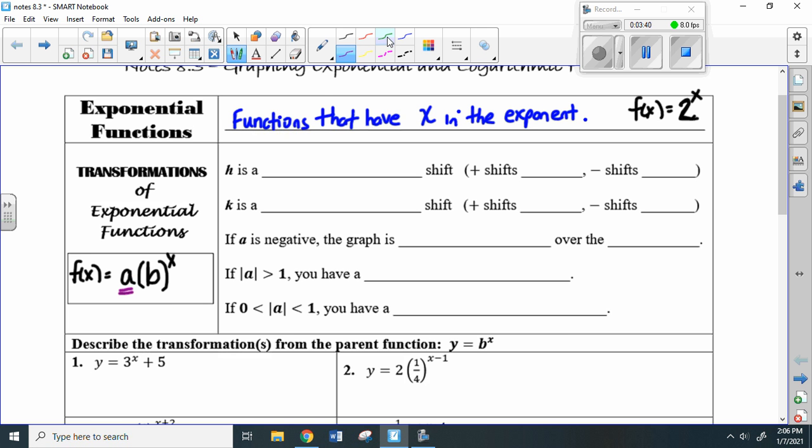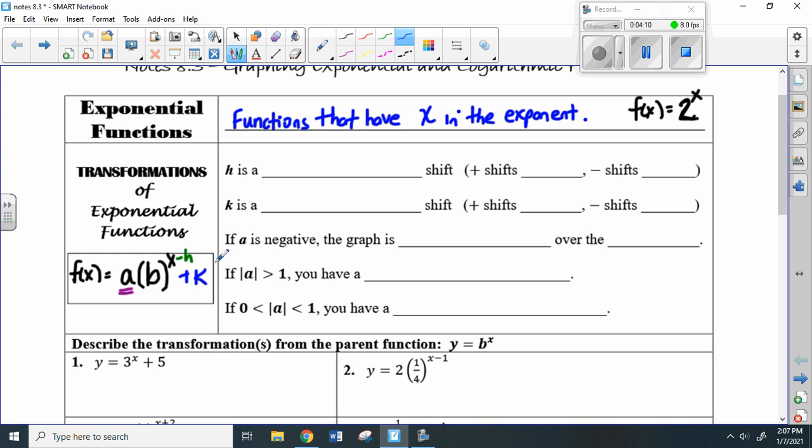If it has a number added or subtracted in the exponent, that is a transformation. And if it has a number added or subtracted after it, that is a transformation. I'm going to fill those in in just a minute, but I want you to understand that b is not a transformation. A and b are numbers, but b is not going to represent a transformation.